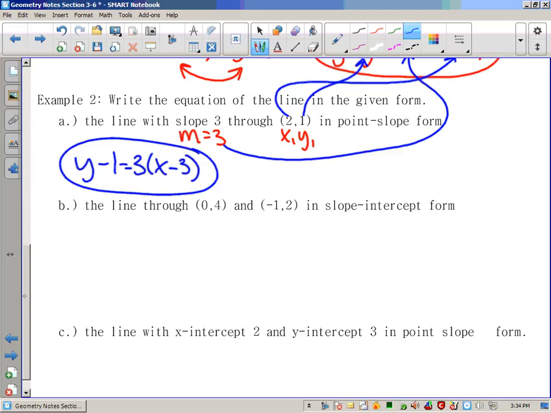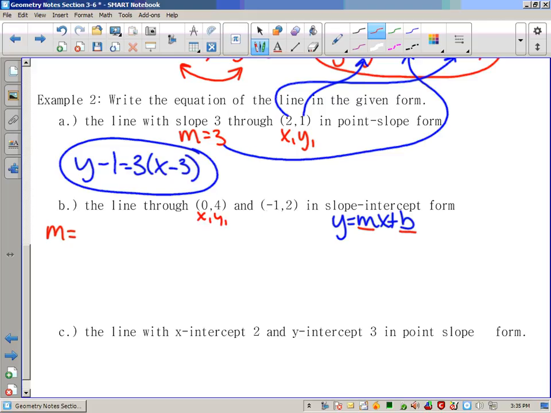But for B, if I want to write this in slope-intercept form, again that is y equals mx plus b. So I need slope and y-intercept, hence the name slope-intercept form. In order to find slope, I'm going to need to do the slope formula, y2 minus y1.